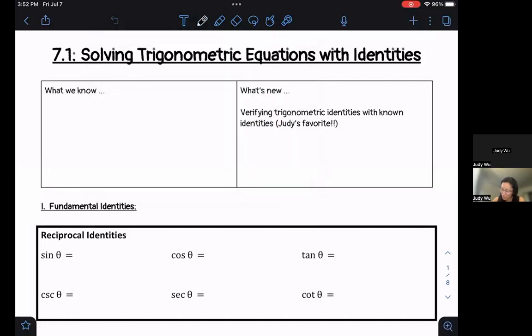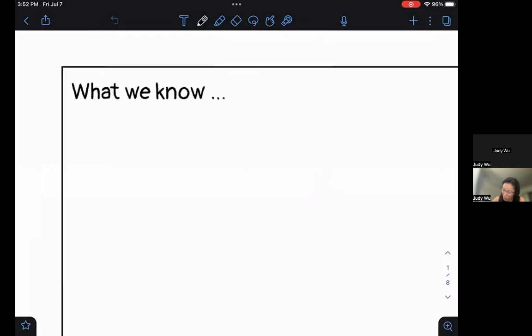If we zoom in here, one of the things that we do know so far is SOHCAHTOA. Sine is the ratio of two sides, the opposite over the hypotenuse. Cosine is adjacent over hypotenuse. Tangent is opposite over adjacent.